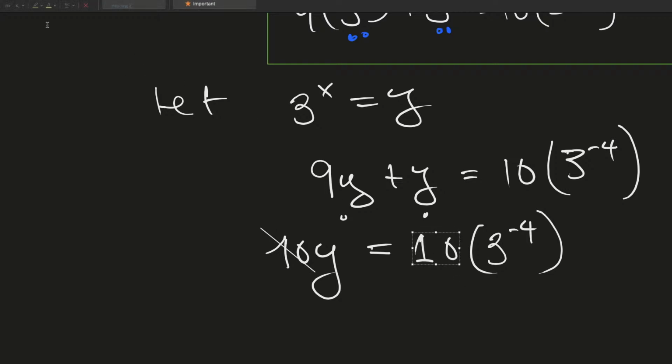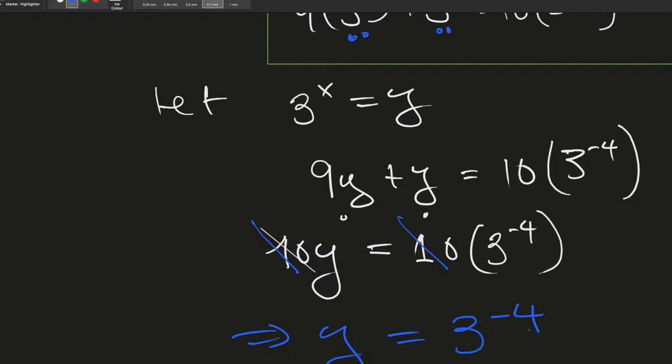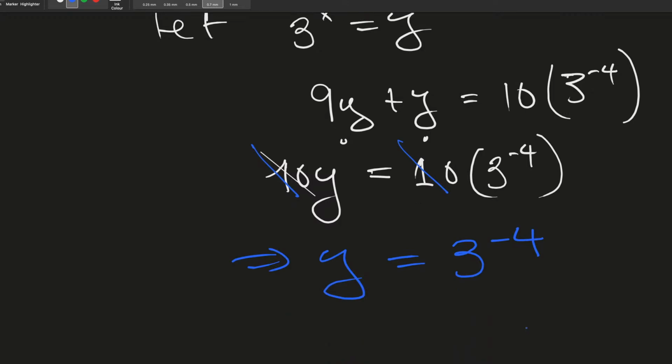So 10y cancels that, and this implies that our y is equal to 3 raised to the power -4. Friends, that is gradually bringing us to the end of our solution.